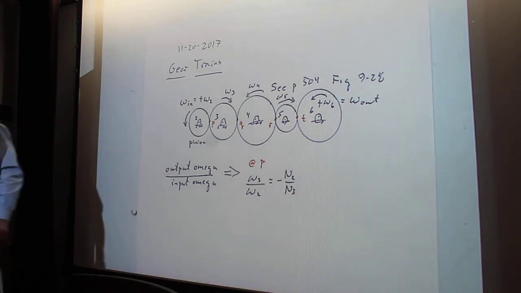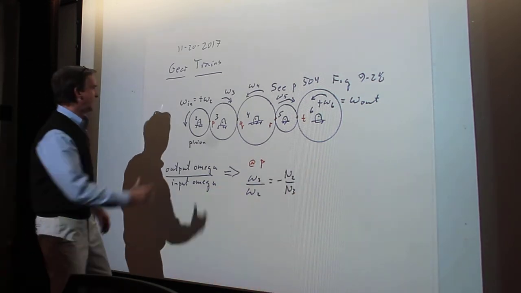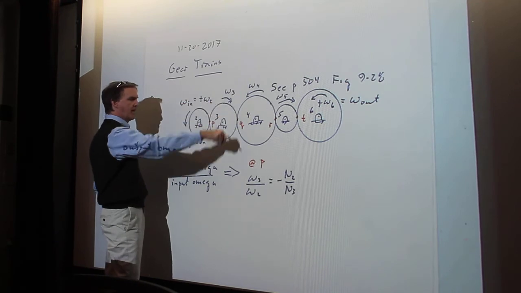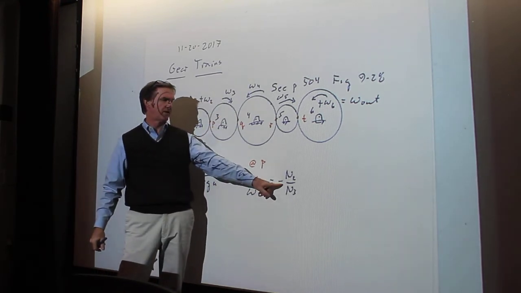The minus sign is coming into play there because we got a positive input and we got a negative output. So we got to capture that with a minus sign there.